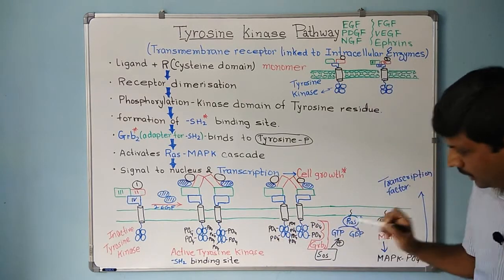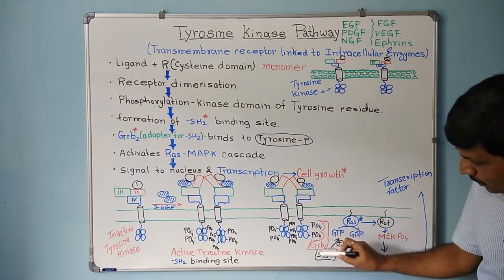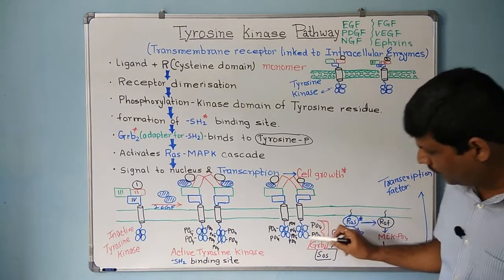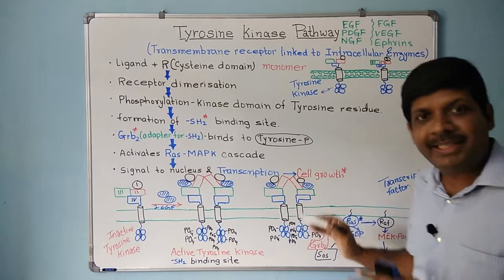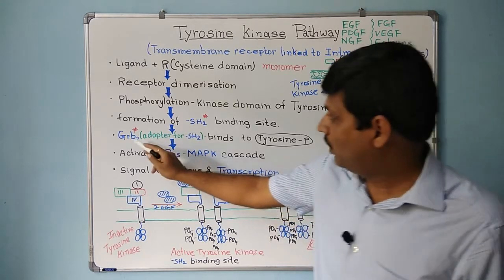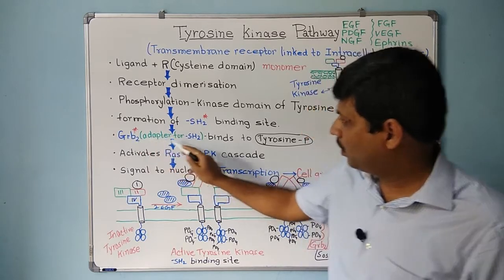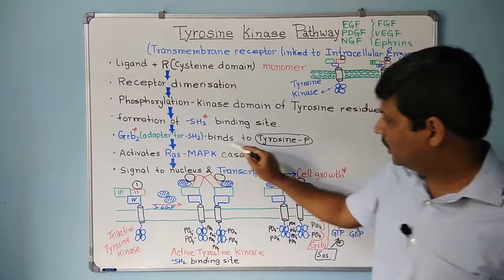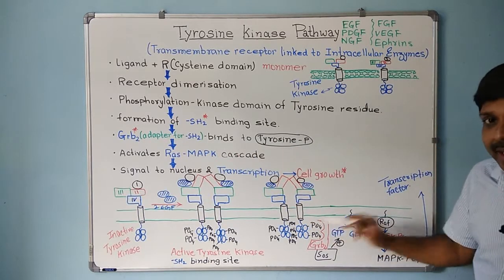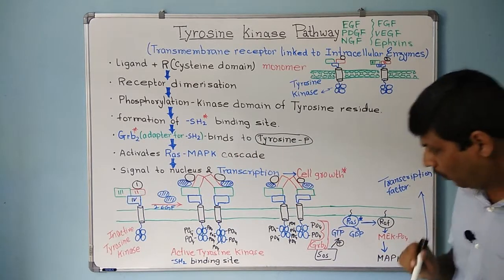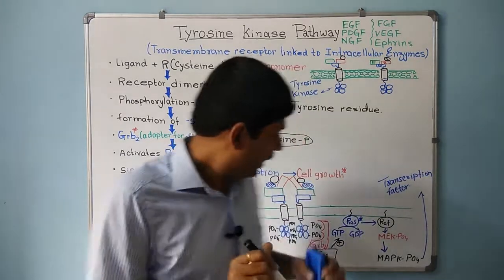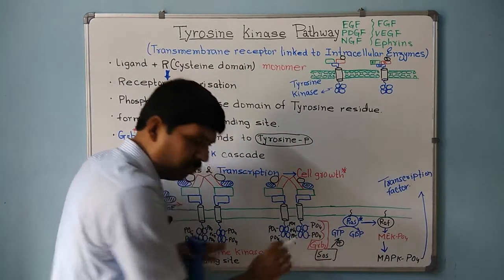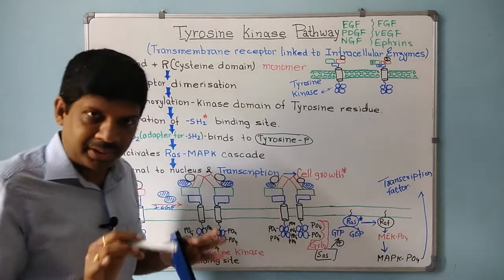So this gets bound with this, and then this whole protein, by the help of SH2, gets bound with the phosphorylated tyrosine kinase. So we have GRB2, an adapter of SH2. GRB is an adapter of SH2. This binds with the phosphorylated tyrosine molecule. Now what happens? After this, there is activation when binding of GRB2 with the phosphorylated tyrosine kinase is over.